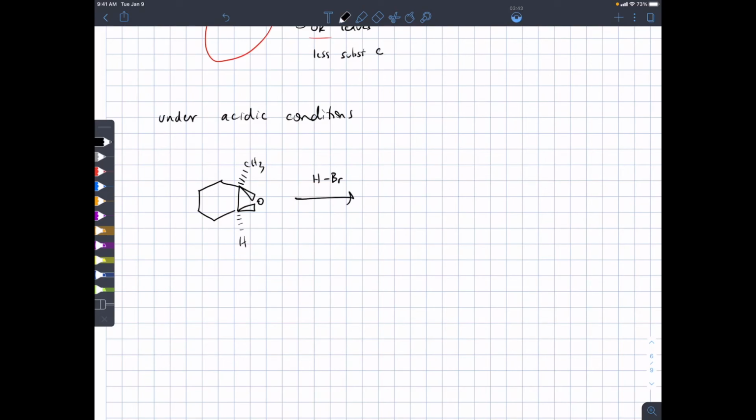The first step is that the lone pair electrons on the oxygen would remove a proton from the acid, and then you would get, as an intermediate, this protonated oxonium ion.